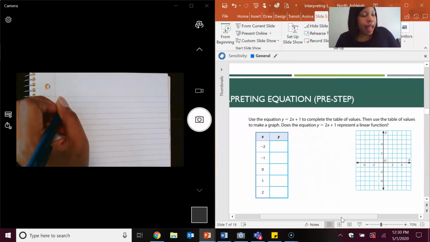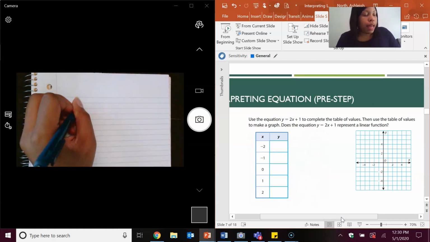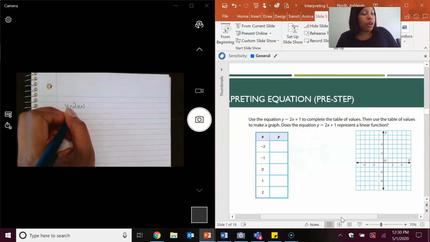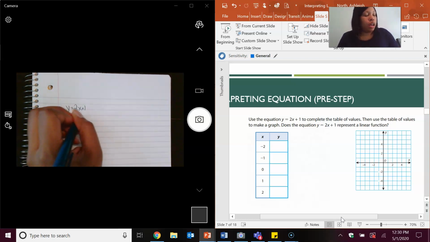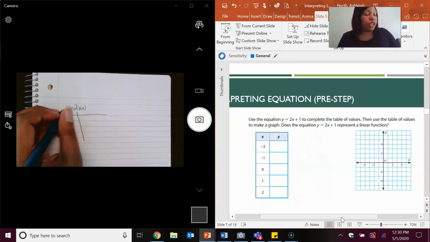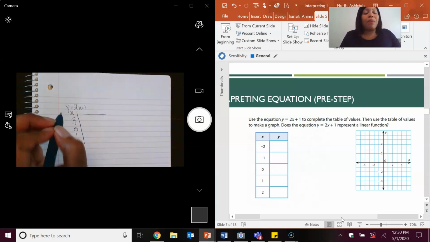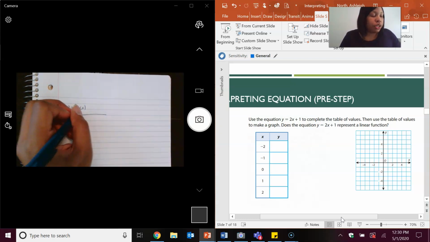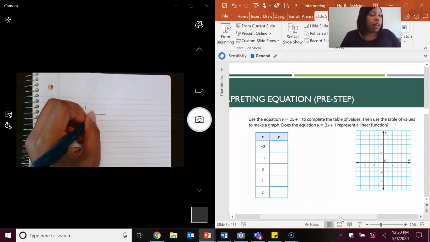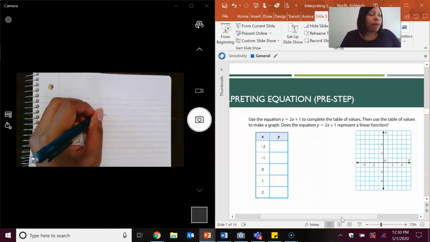And given that I have y equals 2x plus 1, I'm literally going to make that line a little longer. I'm going to show you why. My t-table. So start off with my x's: -2, -1, 0, 1, 2. Then I want to show you exactly what we want to be able to do. So again, I'm going to have 2x plus 1, and then that answer is going to be my y.